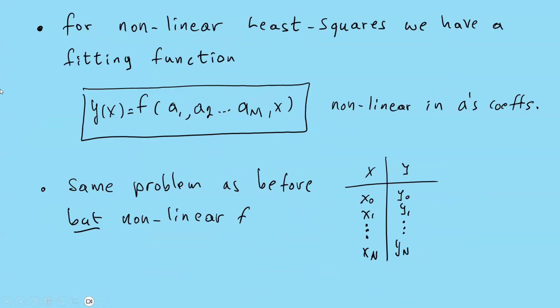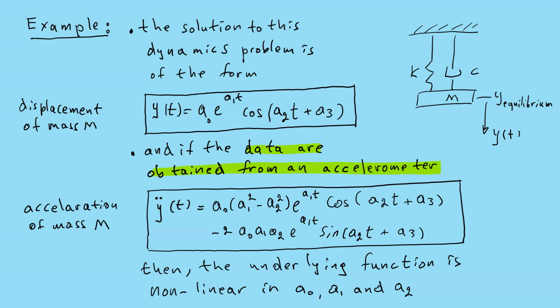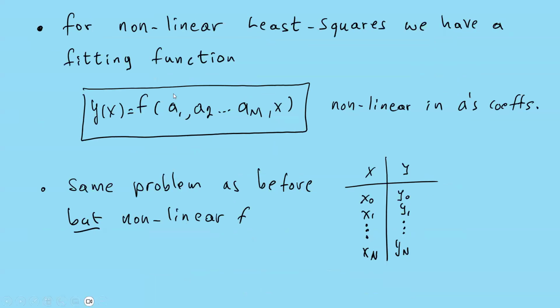Okay, for nonlinear least squares, we have fitting functions, the same as the previous problem, meaning the mass spring damper, okay, where all the coefficients are nonlinear.